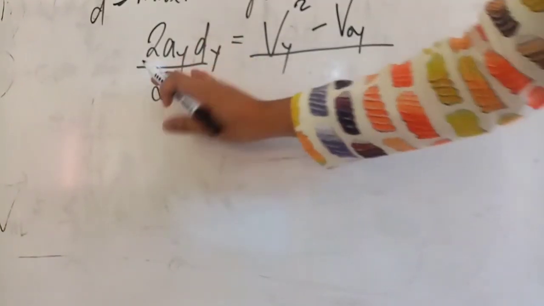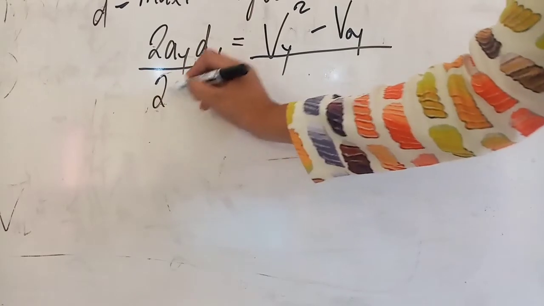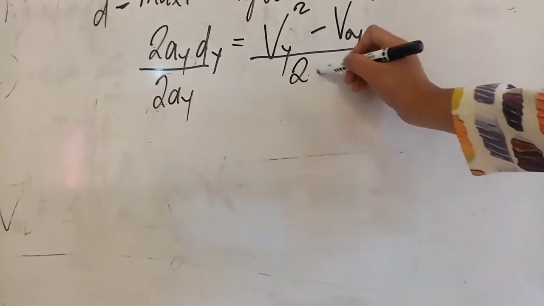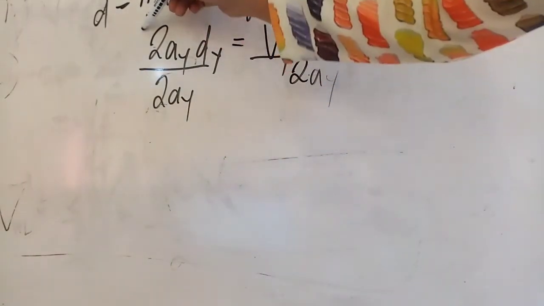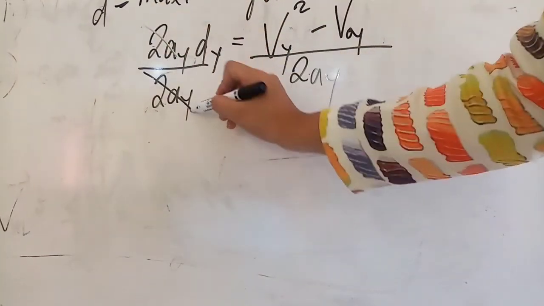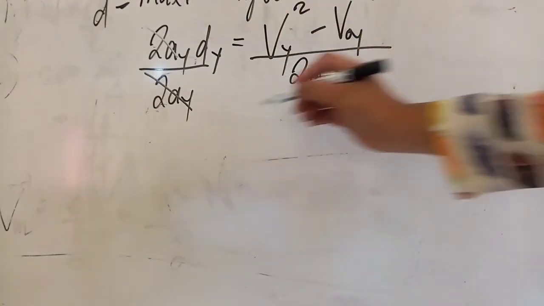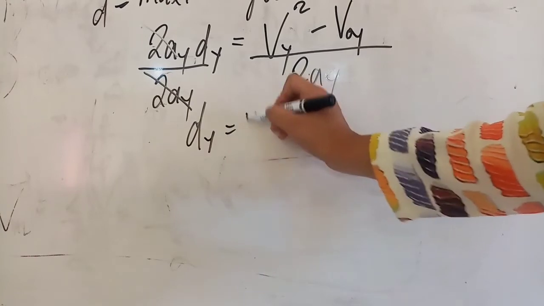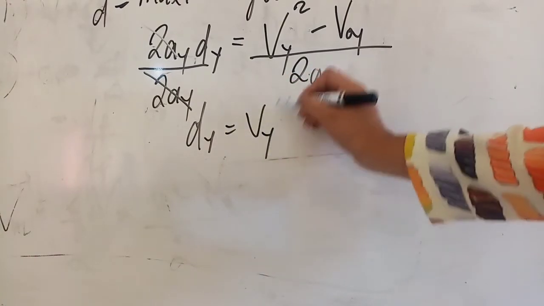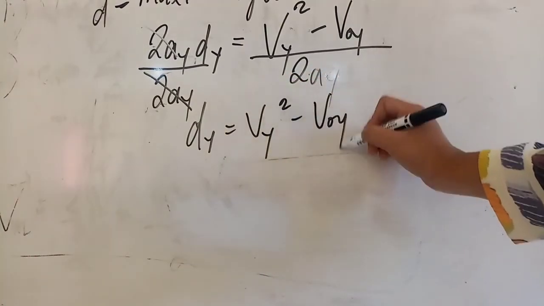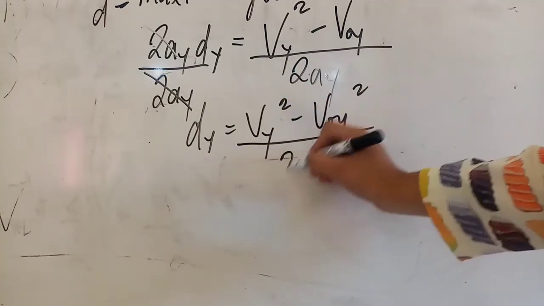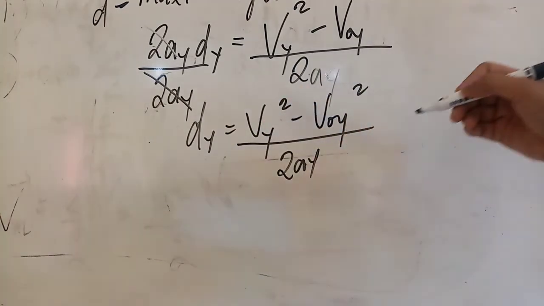So let's manipulate the equation. You divide both sides by 2 times the acceleration. So 2 times acceleration divided by 2 times acceleration is equal to 1. So we are left with d y equal to v y squared minus v initial y squared over 2 times acceleration in y.